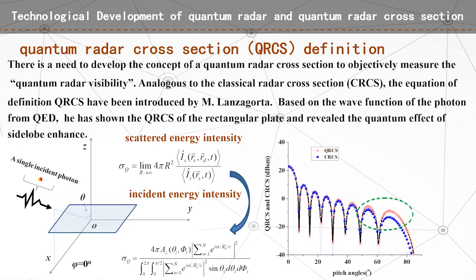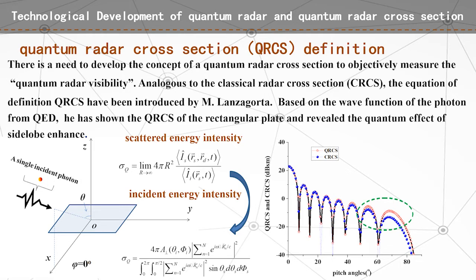In this slide, I will introduce the definition of quantum radar cross-section, QRCS. You may have heard about RCS, but maybe you have no idea about QRCS. Actually, there's a need to develop a concept of quantum radar cross-section to objectively measure quantum radar visibility.